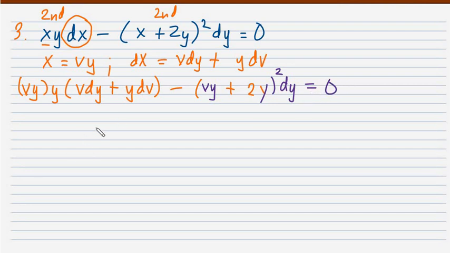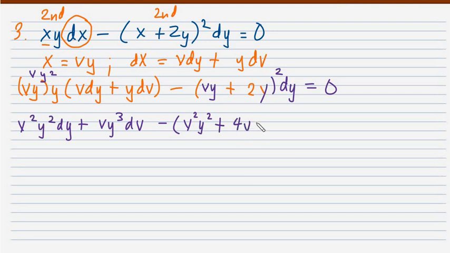Let's simplify our differential equation. So I have here vy squared, so I will have v squared y squared differential y plus vy cubed differential v. And then next, let me expand this binomial first. So v squared y squared plus 4vy squared plus 4y squared, differential y is equal to 0.